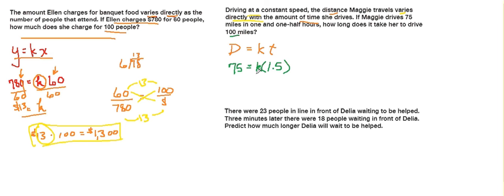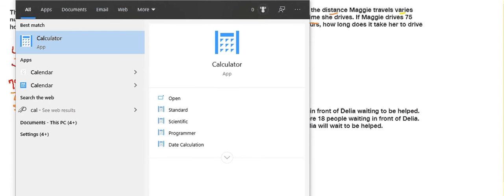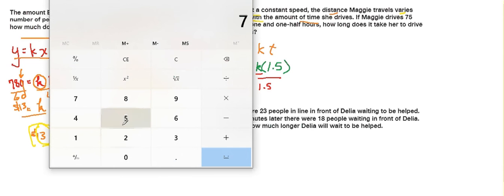So we need to know k. We need to know what this multiplier is. So we divide by x. Because remember, we said that another way to rearrange these problems, if you're solving for k, is y over x is k. So basically that's what we're always doing. Okay, 75 divided by 1.5 is 50.